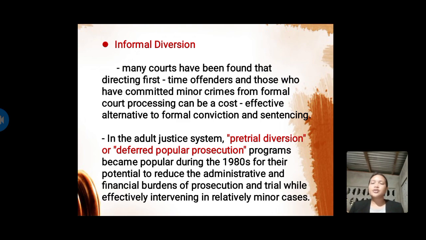In the adult justice system, pretrial diversion and deferred prosecution programs became popular during the 1980s for their potential to reduce the administrative and financial burdens of prosecution and trial while effectively intervening in related minor cases.